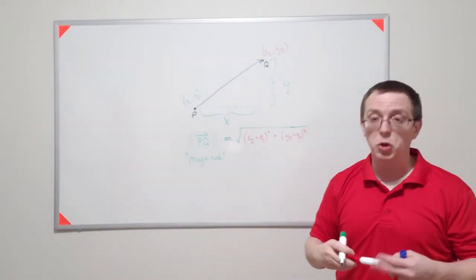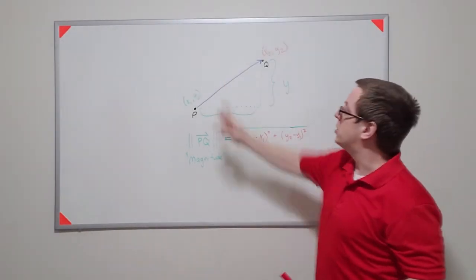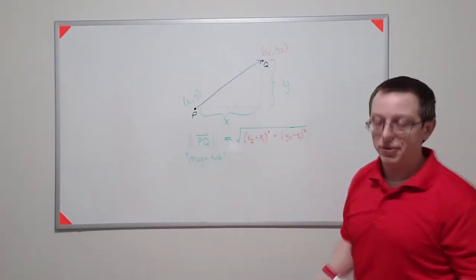It's Pythagorean theorem. A squared plus b squared equals c squared. So c is the square root of that.